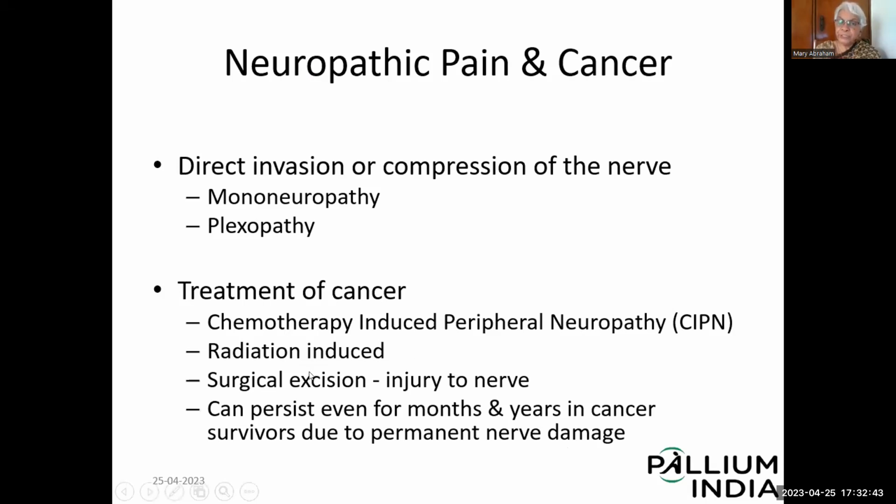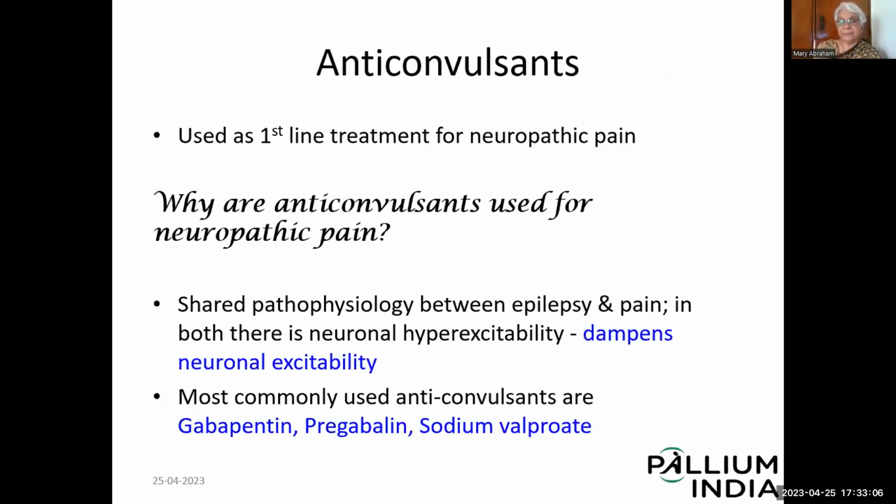It can also be because of injury to a nerve during surgical excision. Sometimes it is even seen in cancer survivors for months or years because of the permanent nerve damage that the chemotherapy drug has caused, and not only chemotherapy, even radiation. The pain can occur even after the patient is cured of the cancer.